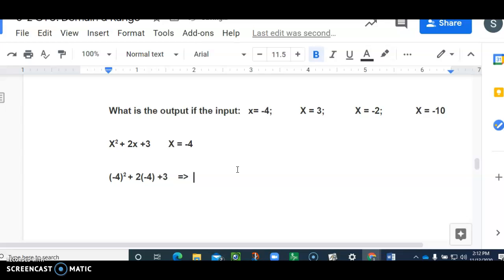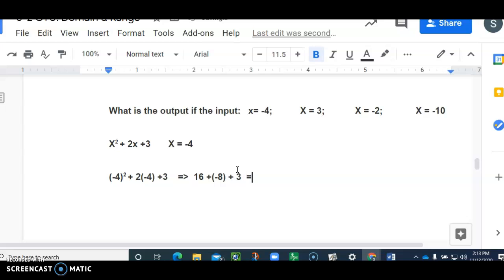Okay, so I have negative 4 squared. The negative sign is also squared, so negative times negative is a positive. 4 times 4 is 16, so it's positive 16. Instead of putting positive 16, I just write 16. Okay, plus 2 times negative 4, that will be plus a negative 8. Okay, and then plus 3.